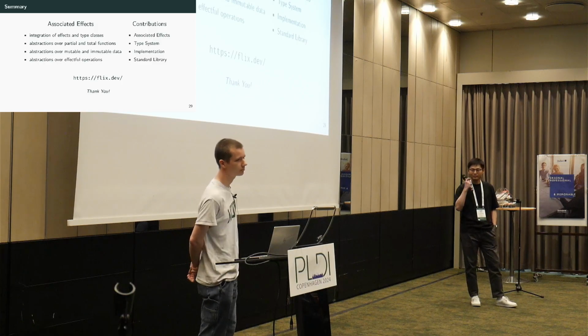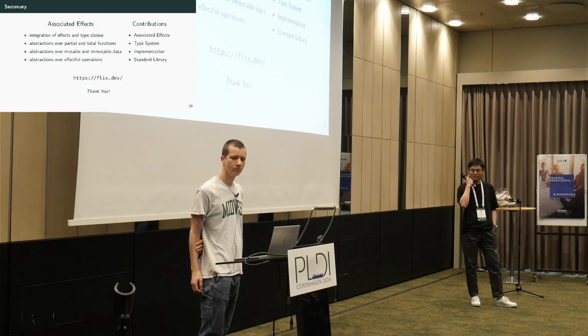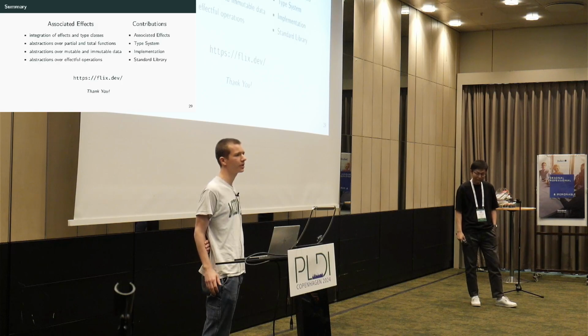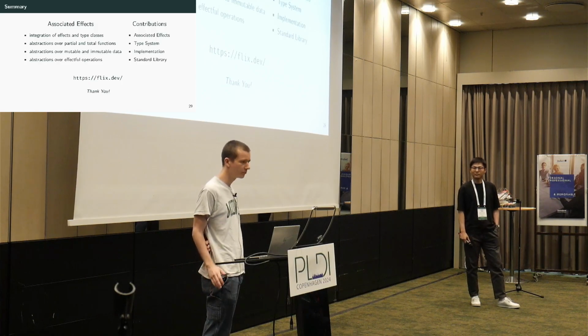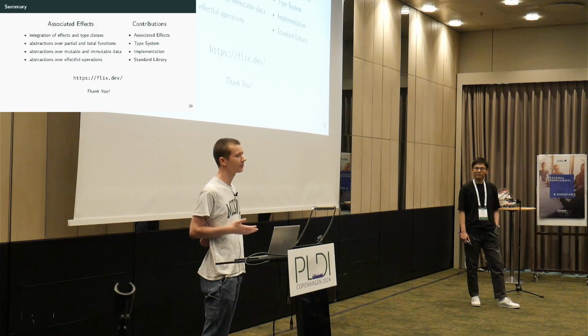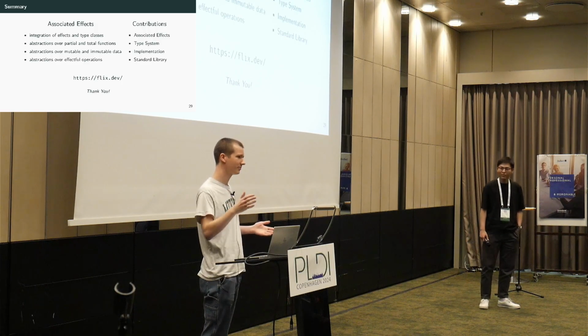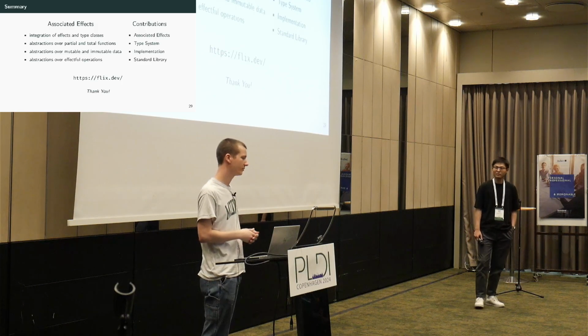Sure. So there are a couple things. One is there are certain traits where you definitely do not want, or very likely do not want, to have associated effects. One example is equality. It's usually bad for equality to have an effect because if you're searching through a list, you don't want to have to execute a bunch of effects while looking for this item in the list.